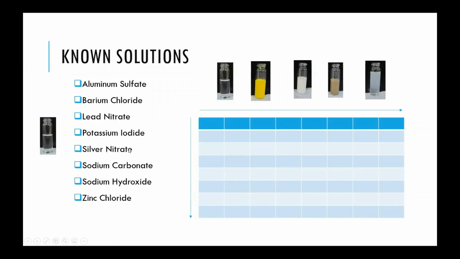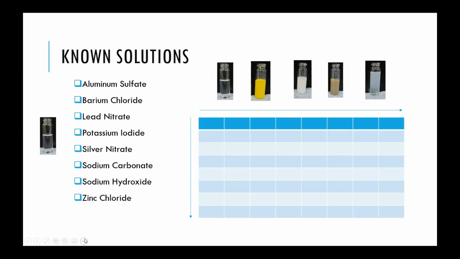The different solutions that you're going to be seeing mixed together on the video are aluminum sulfate, barium chloride, lead nitrate, potassium iodide, silver nitrate, sodium carbonate, sodium hydroxide, and zinc chloride. All of these solutions are clear, colorless solutions.